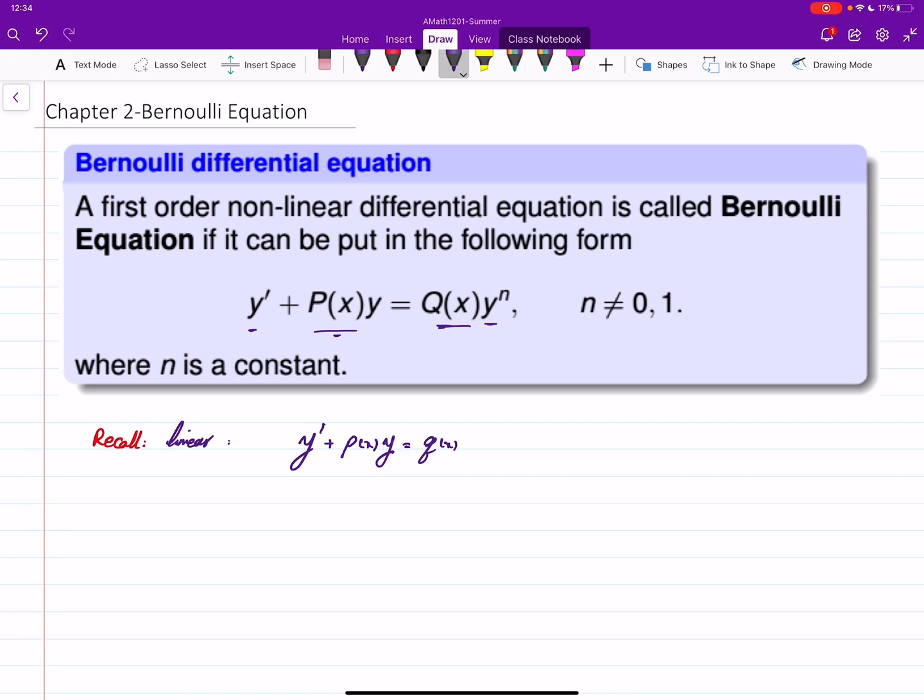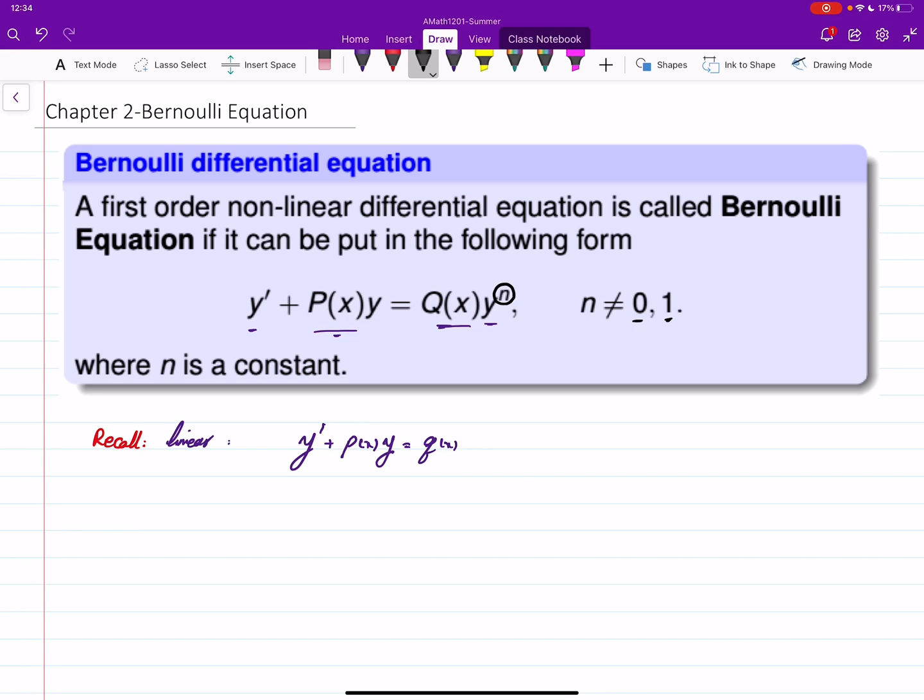The nonlinearity of the Bernoulli differential equation comes exactly from this power of y, and the reason we said that n must not be 0 or 1 is that that's how we get a nonlinear differential equation.